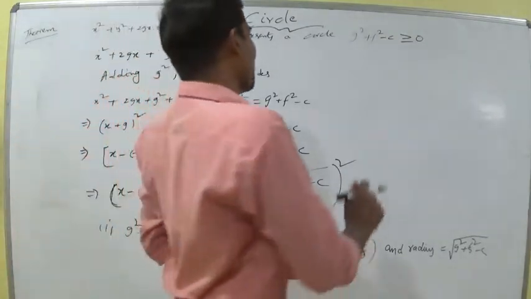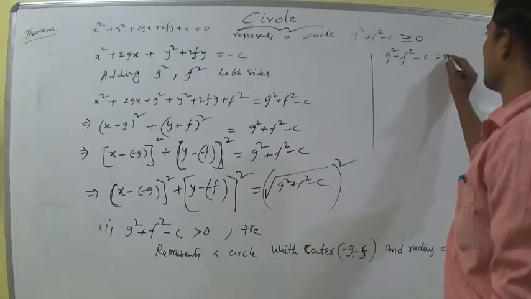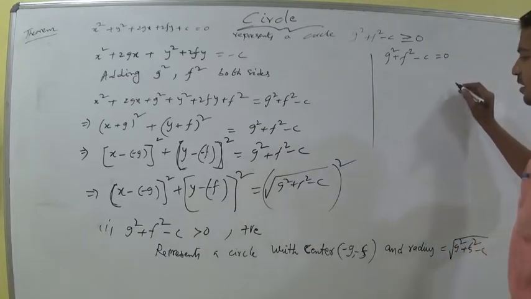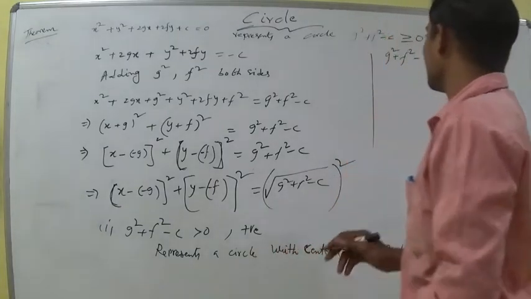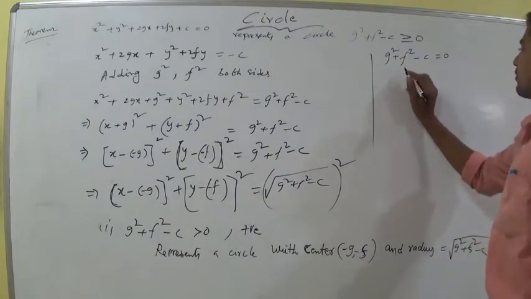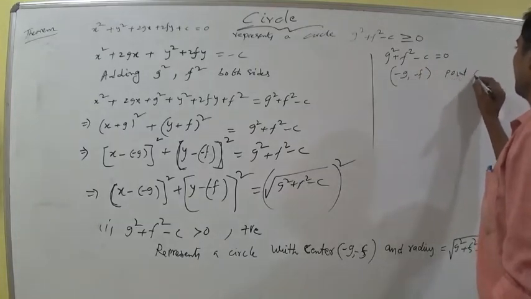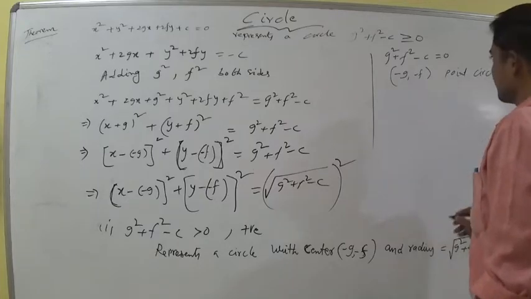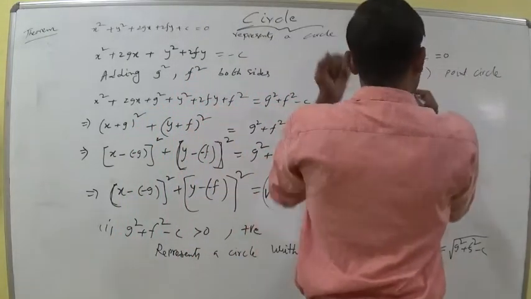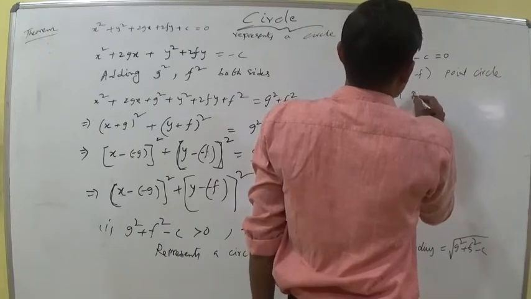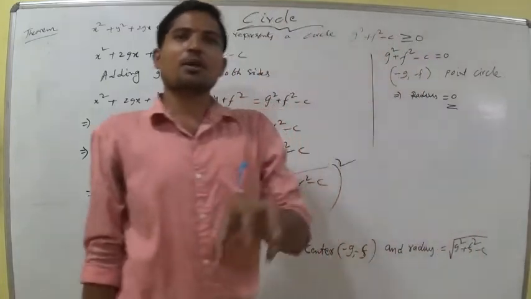Now I am taking g square plus f square minus c equal to 0, then it represents a point circle.